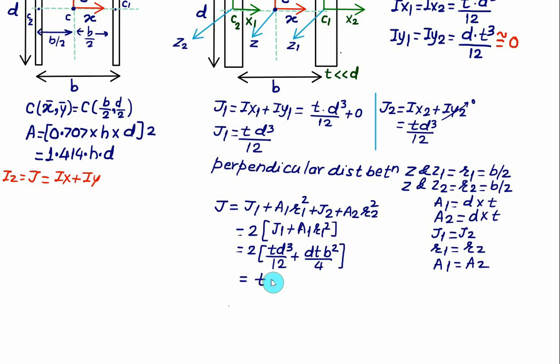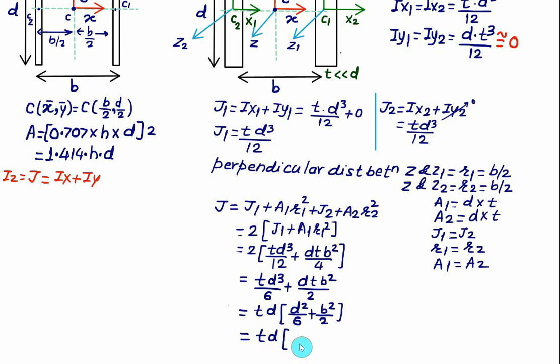We have T D cube divided by 6 plus D T B square divided by 2 and 4. Here we can take T and D common. What is left is D square divided by 6 plus B square divided by 2, so we have T into D.